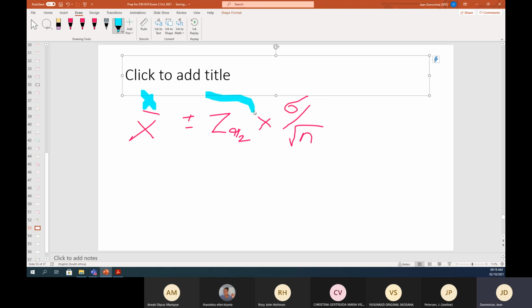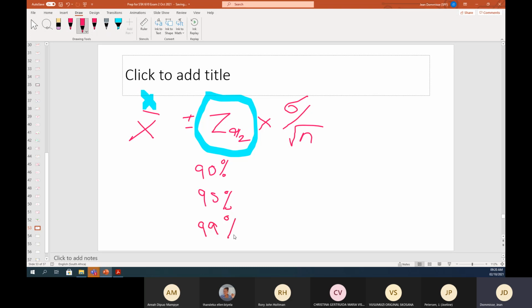What they like to do is to talk about a change in your confidence interval. Then they would say, and again, they will use the standard ones, if there's a 90%, 95%, and 99%, which one of the below is probably the right one?